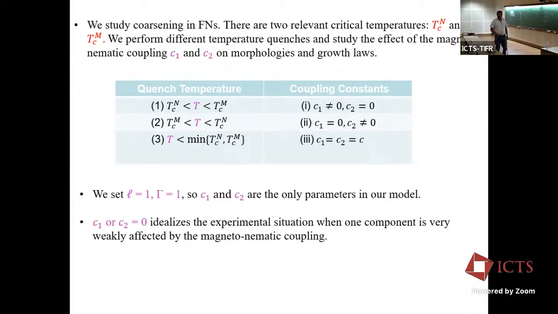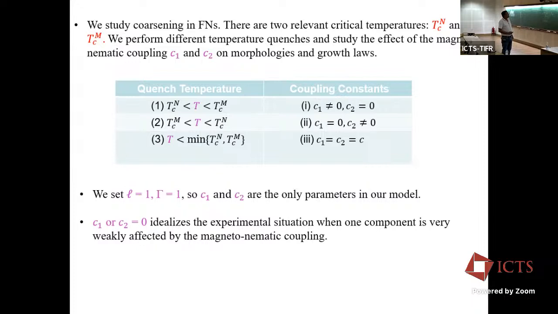So I start off with a random disordered initial condition for both the liquid crystal and the magnetic field. There are two relevant critical temperatures, so I can quench to three possibilities. Possibility one is where the temperature is less than TCM but larger than TCN. Physically, that means the nematic does not intrinsically order, but the magnetization does order intrinsically at this temperature.